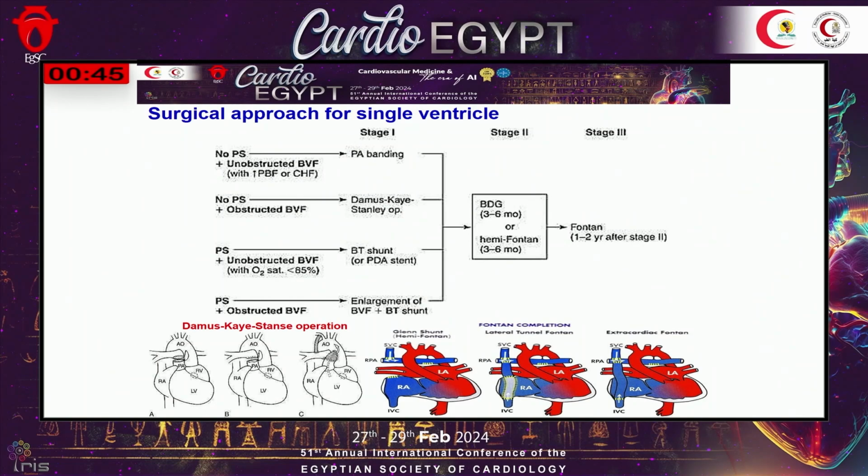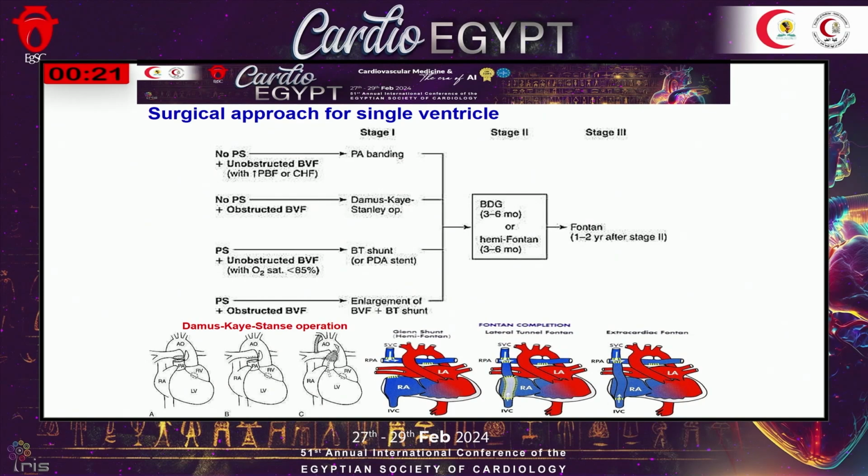If there is no pulmonary stenosis with an obstructed bulboventricular foramen, we can do the Damus-Kaye-Stansel operation. Here we divide the pulmonary artery and connect it to the ascending aorta, and do the BT shunt as a source of pulmonary blood flow.